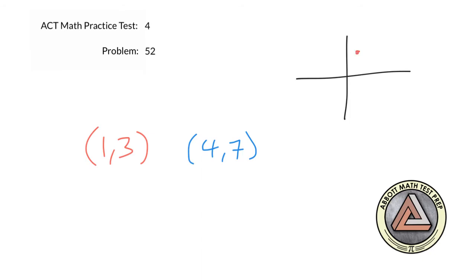We have a center here at (1, 3), and a point on the circle at (4, 7), so that's going to be right there. We can imagine that this certainly goes all the way around.